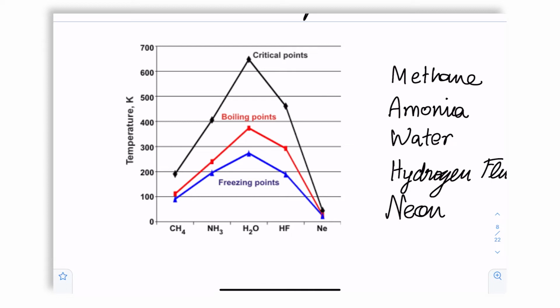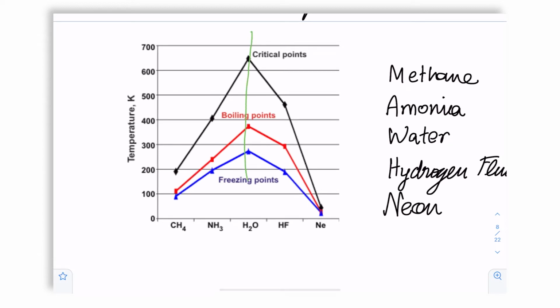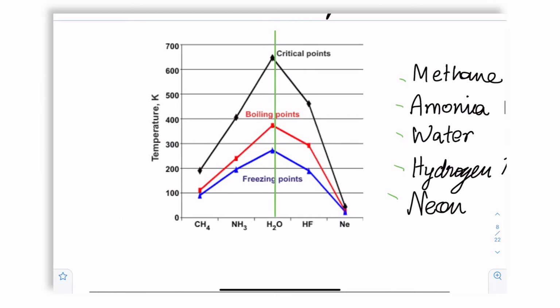What you should notice is that our favorite fluid, namely water, has a freezing point higher than all others, boiling point higher than all others, and critical point higher than all others. And by others, we mean methane, ammonia, water, hydrogen fluoride, and neon.